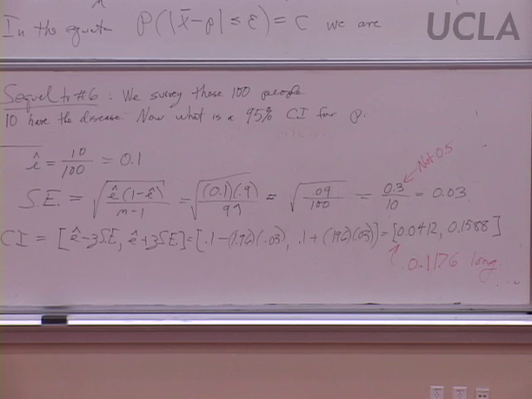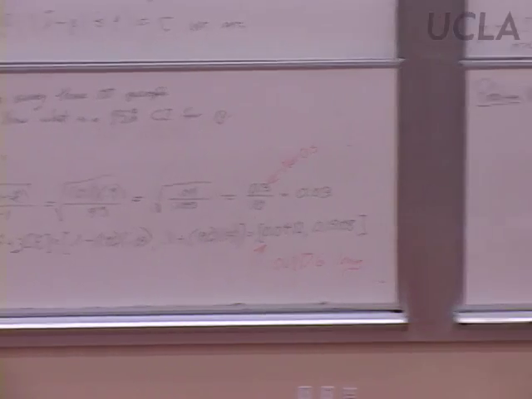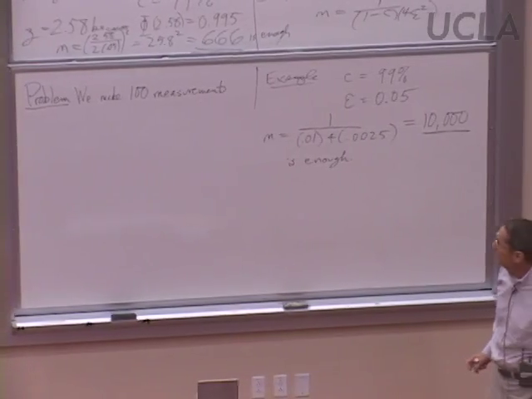Well, we take a random sample of size 100 again. So our value for n is 100.